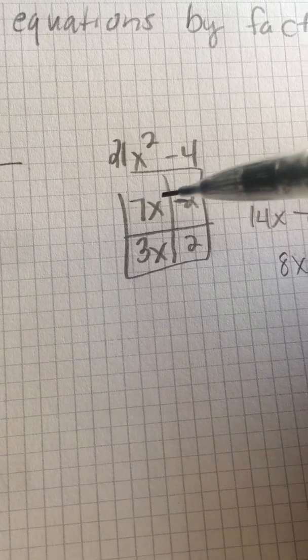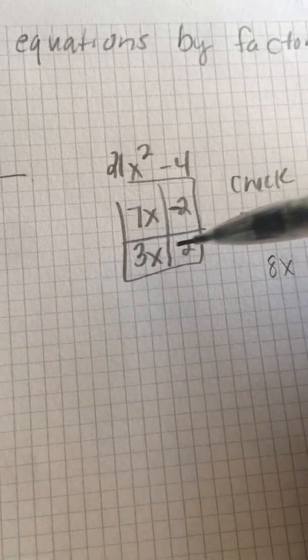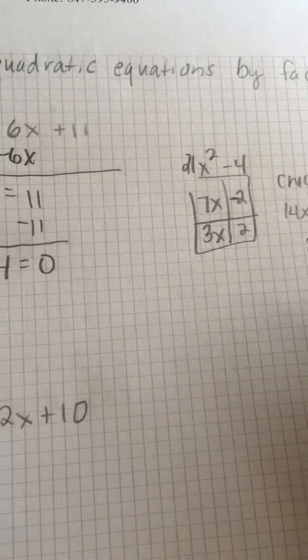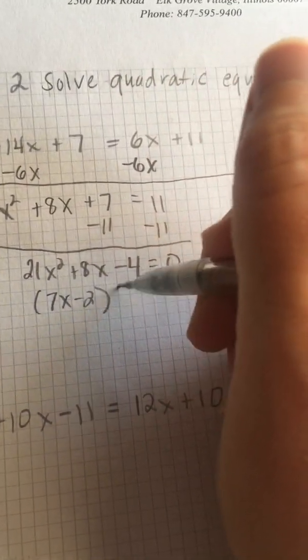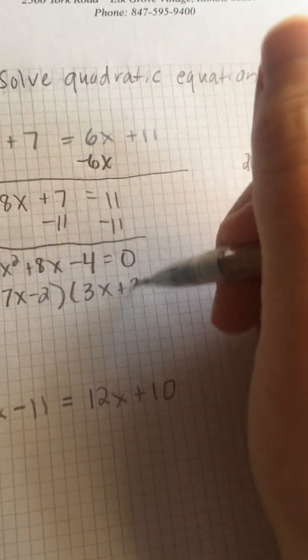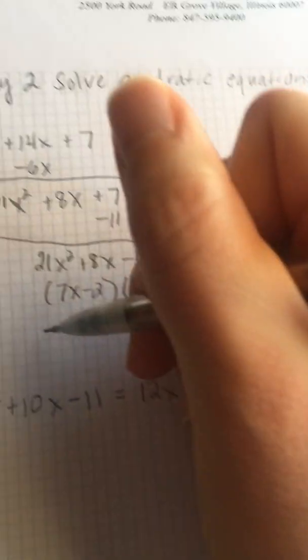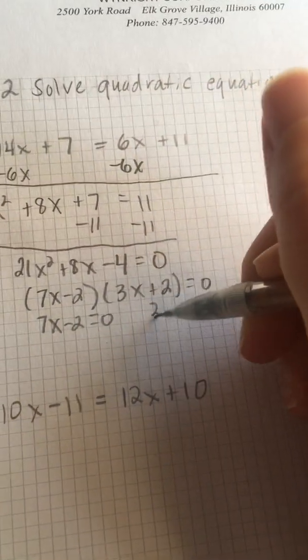We have to be careful. These are the factors. In a set of parentheses, I want 7x minus 2. And the other set of parentheses, I want 3x plus 2. 7x minus 2, 3x plus 2, equal to 0. Now I need to solve. Take the factor, set it equal to 0.